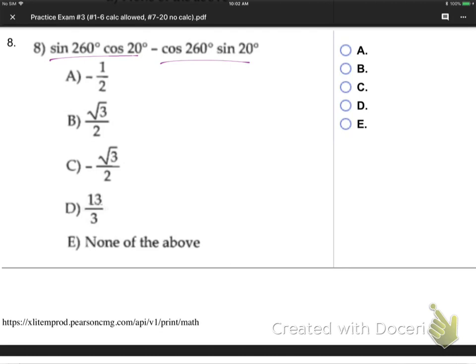It'll be almost just like the last one. How we doing? So we see sine, cosine, cosine, sine.